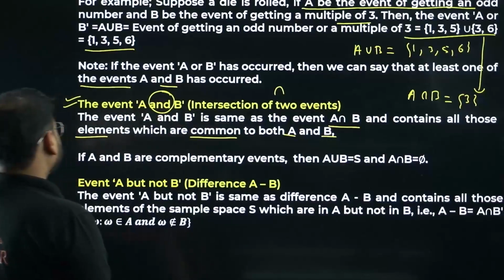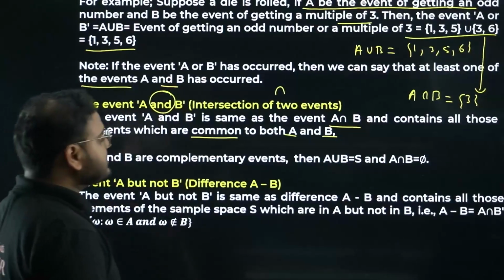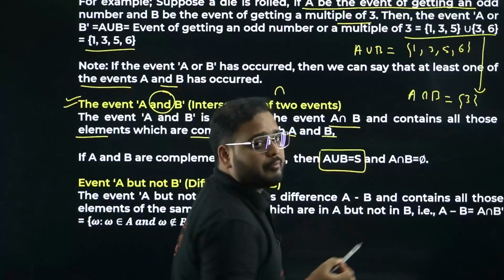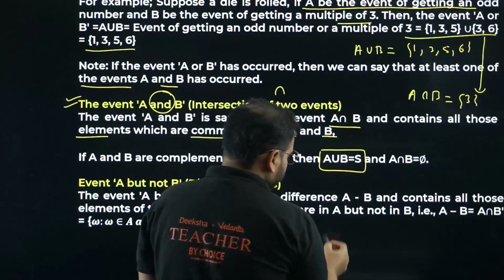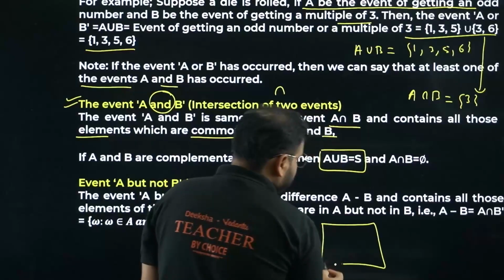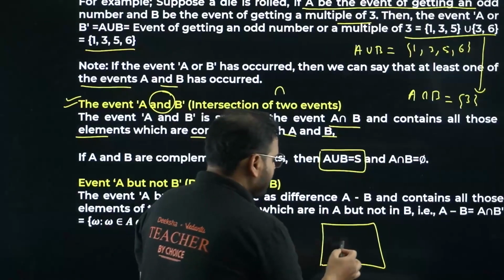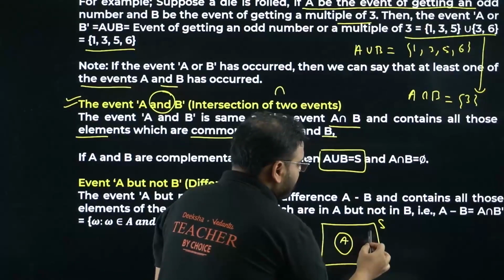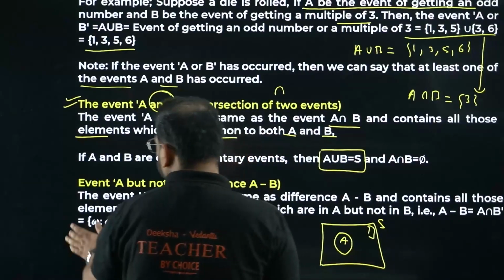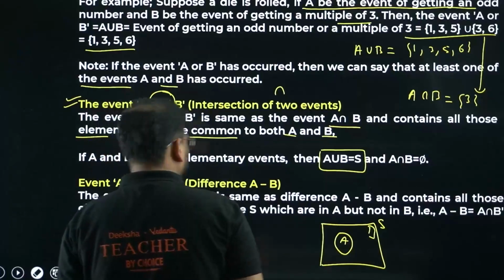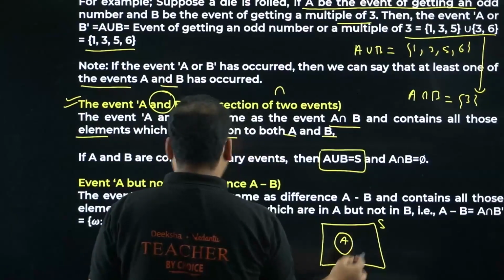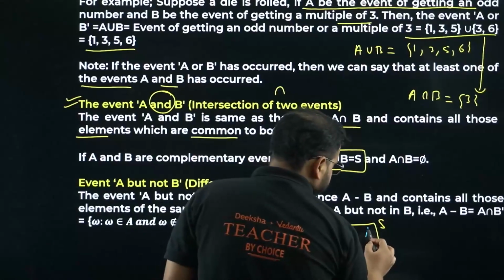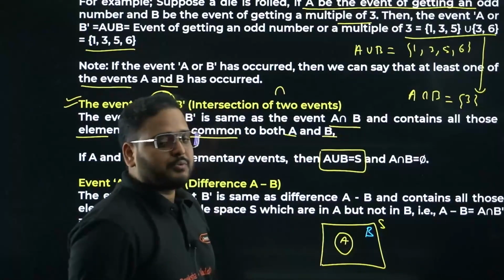If A and B are complementary events, then of course the union will become the sample space. Complementary means, think about it: this rectangle is total S. This is my A, the circular part, and this remaining part is nothing but B. So what is the intersection of A and B?